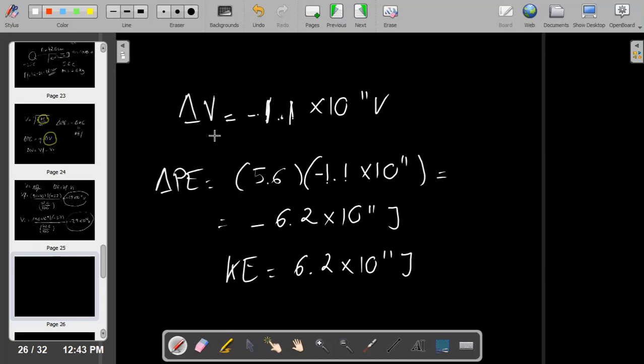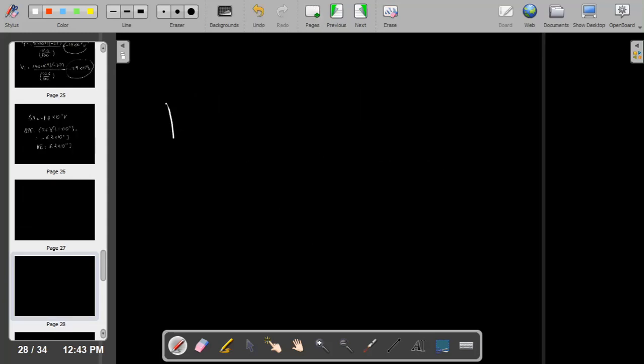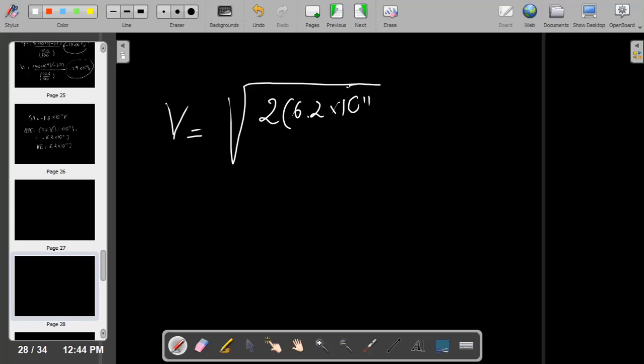So if this one disappears, this one is increasing. So now I have everything I need to calculate my final velocity. Velocity equals the square root of 2 times the kinetic energy value I just found, divided by the mass, and that was given to us.